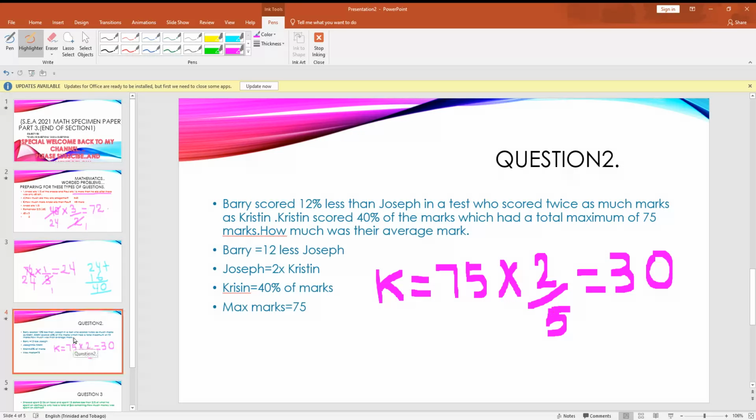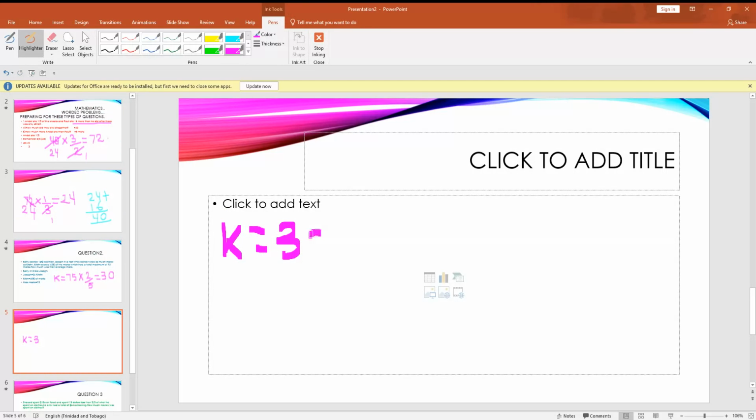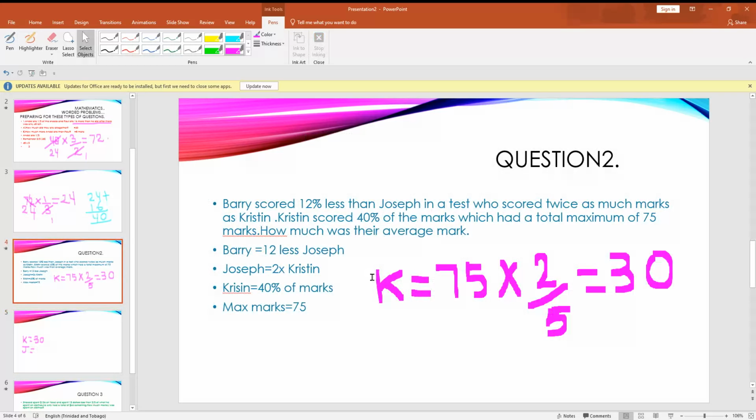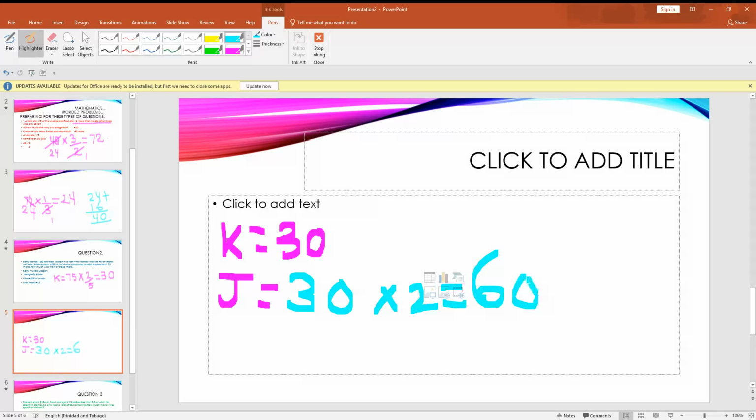So now we go into the new slide and we see K is equal to 30. J will be equal to twice, because J is 2 times the amount. So this will be 30 multiplied by 2, equal to 60.